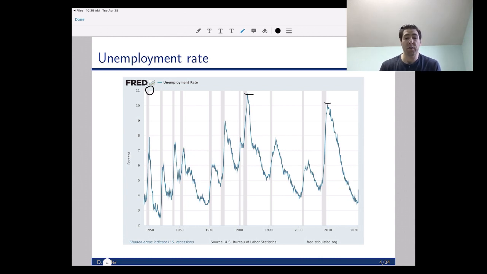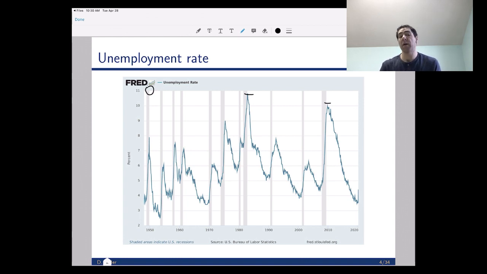We have these big fluctuations in the unemployment rate, and we want to get a better understanding of what causes them, and to what extent various policy measures by the Federal Reserve Bank or by the federal government can alleviate some of those concerns.